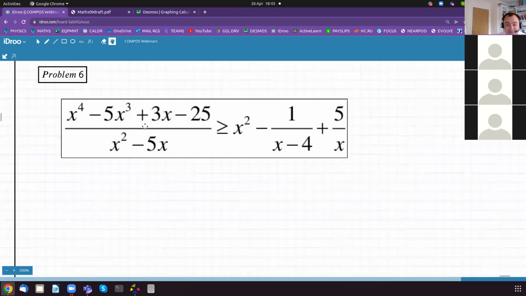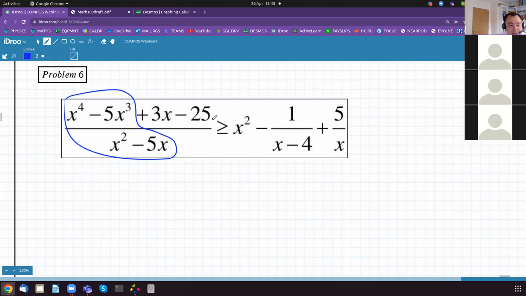And here, what you can see right away is that the first term is actually the same as that. And let's prove that.